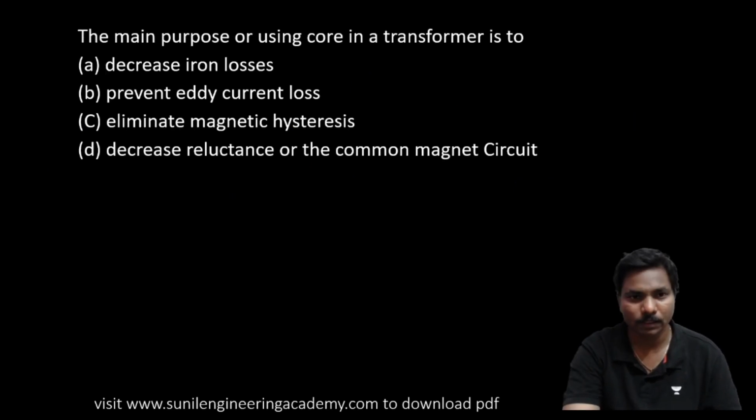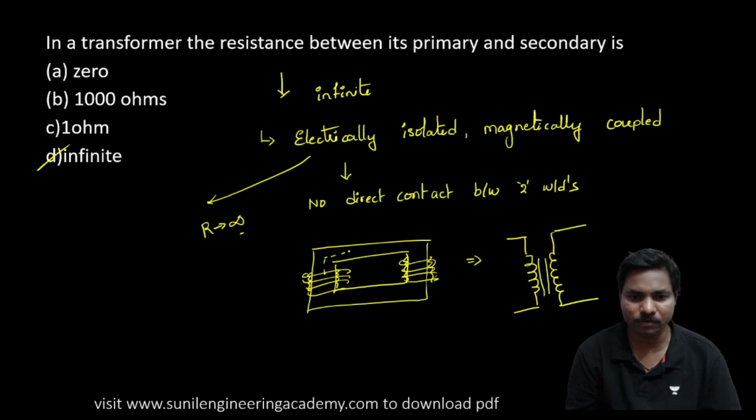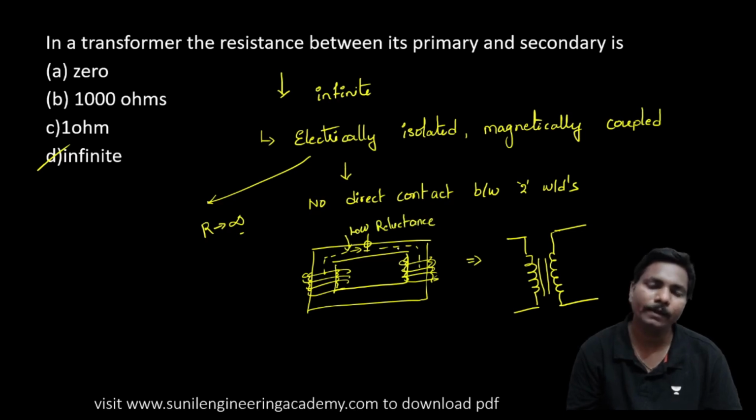Coming to the next one: the main purpose of using a magnetic core in a transformer. Through the core the flux will be transferred. Whenever it has low reluctance, then only the total flux will move from one winding to another winding.